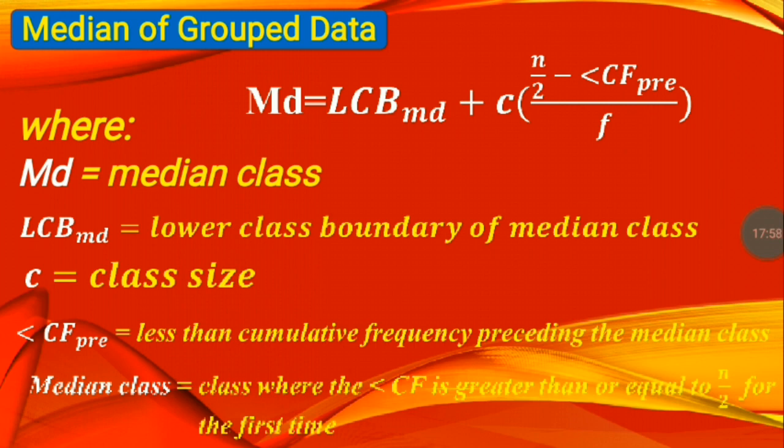So you have to remember that the median class again is the class where the less than cumulative frequency is greater than or equal to n over 2 for the first time. Remember, n is your sample size. Then divide it by 2. Then after that, we are going to look at the less than cumulative frequency.